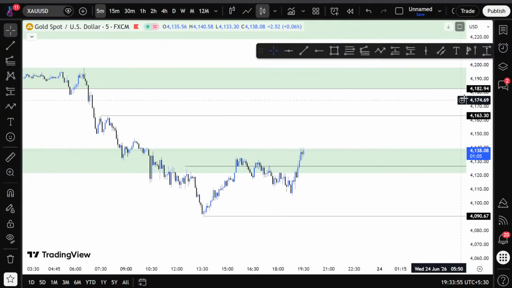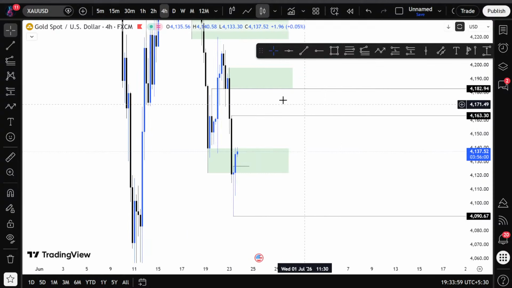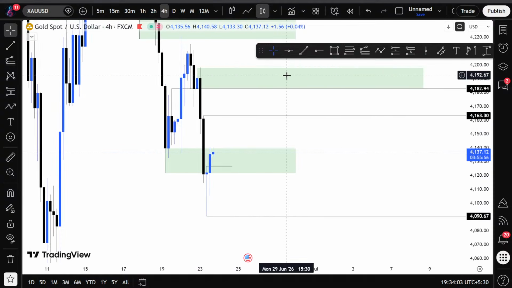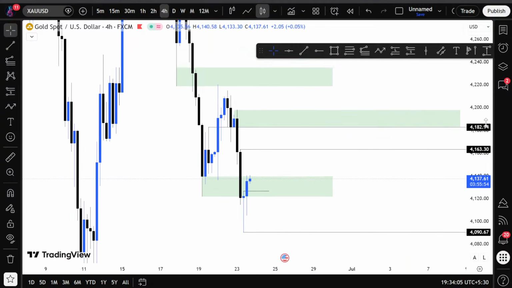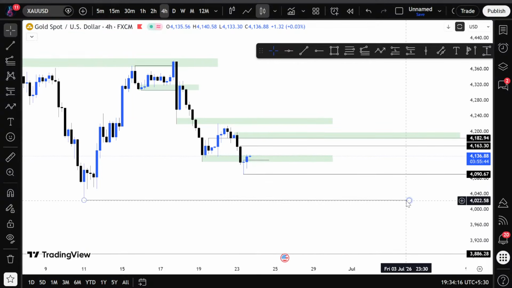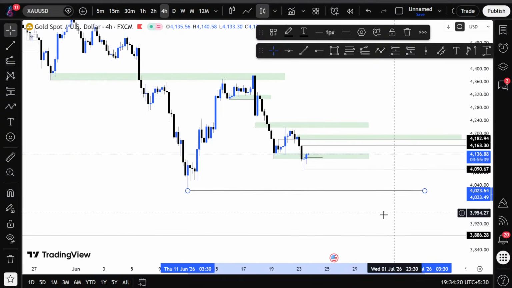Wait for this area to get swept, and this 4-hour area will be tested soon, this supply. After that, you can plan your short again. Remember, until we break above this high and close 2 candles of 4-hour above 4220, price is likely to break below the low of 4023 and test 3886.